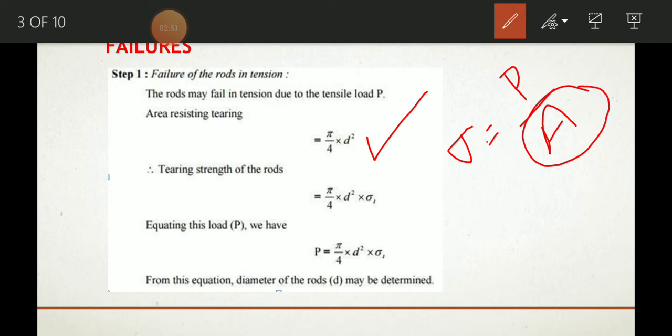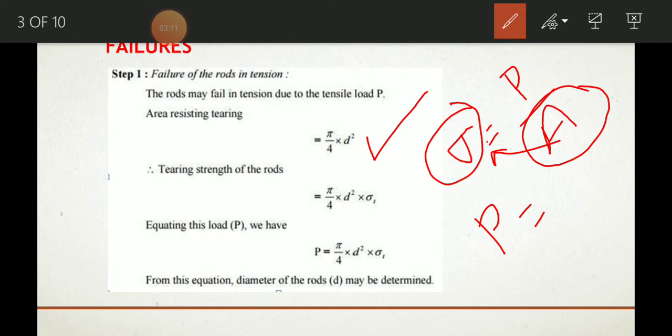Similarly, if you want to calculate the tearing strength, it is pi by 4 d square, and P is what we have to calculate, so shift A to this side. Sigma is the tensile stress, and A is the area of the rod, pi by 4 into d square.